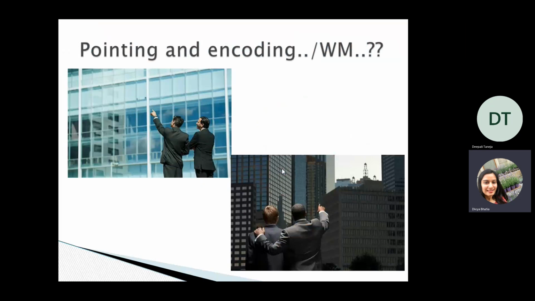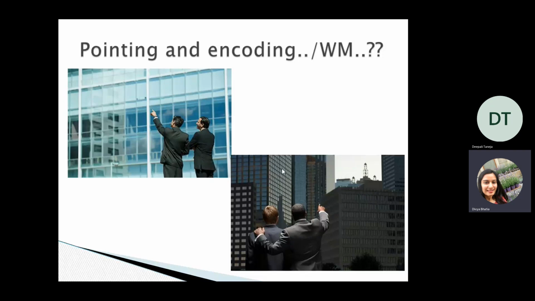Now, I would like to direct your attention to these two pictures. One person is making a pointing movement, and the other person directs his attention towards the object in space where the first person is pointing. So pointing movements can help direct another person's attention. What is striking here is that it is someone else's pointing movements which direct this person's attention.